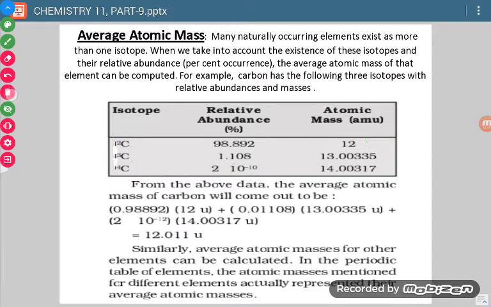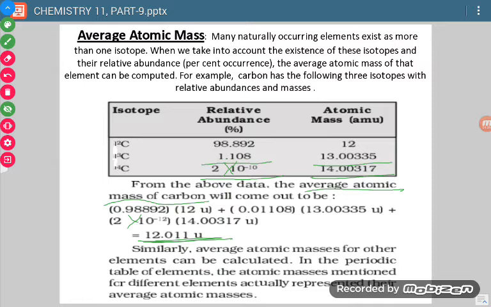Now how do we find it out? Average atomic mass can be calculated by multiplying relative abundance percentage with atomic mass and adding all. So we take 12 multiplied by 98.892 divided by 100, plus 13 point this much multiplied by 1.108 divided by 100, and similarly for the other. Then we add all these, and the result will be this.